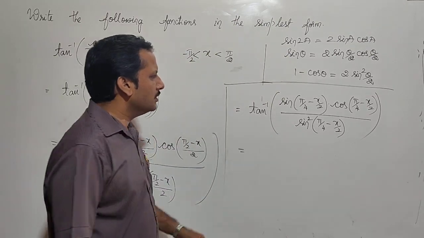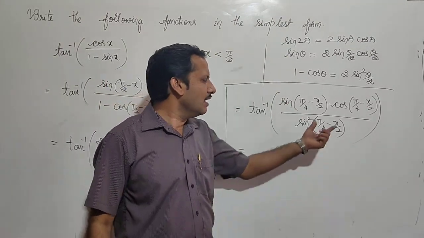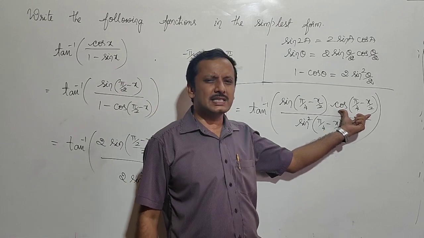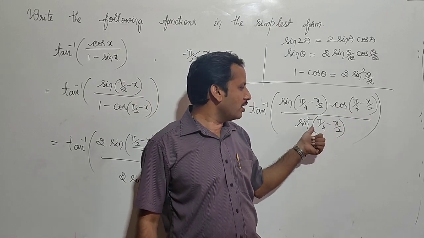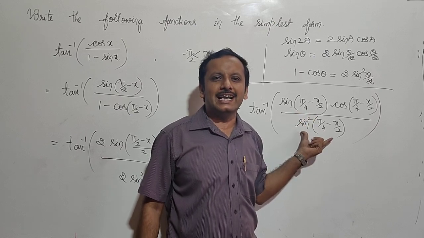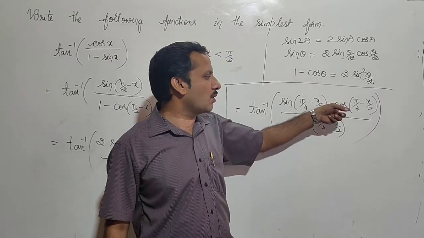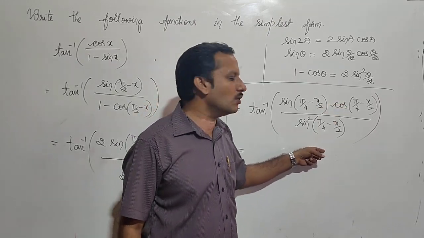So here sin pi by 4 minus x by 2 gets cancelled. We have cos pi by 4 minus x by 2, and one of those sin pi by 4 minus x by 2 gets cancelled, and the other sin pi by 4 minus x by 2 will remain as it is. So cos by sin will give you cot.